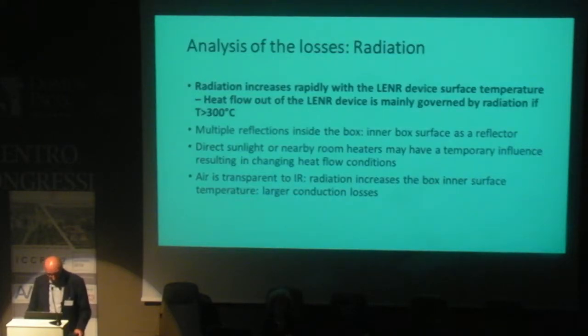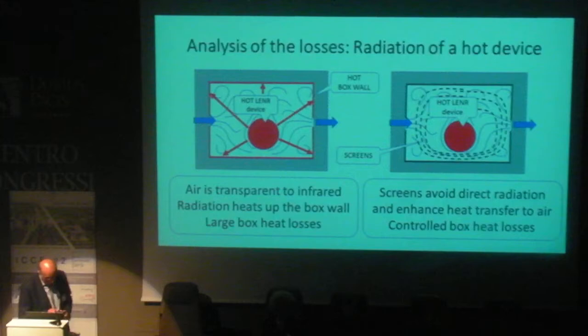But important to keep in mind is that air is transparent to infrared. So the radiation increases the box inner surface temperature. You have this hot reactor here, and it heats up this inner box wall.